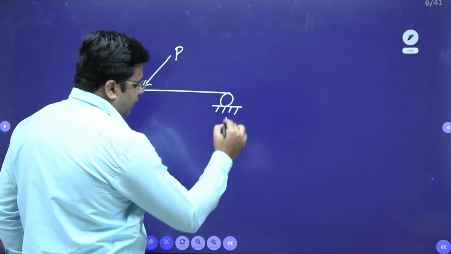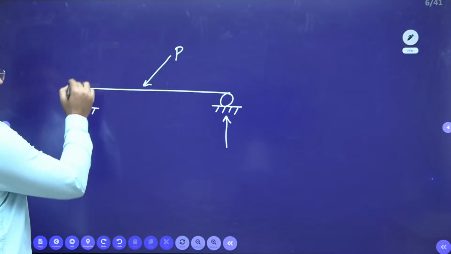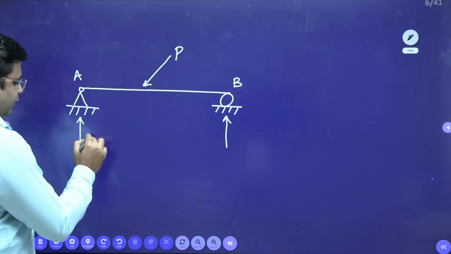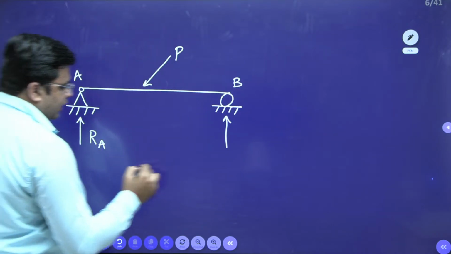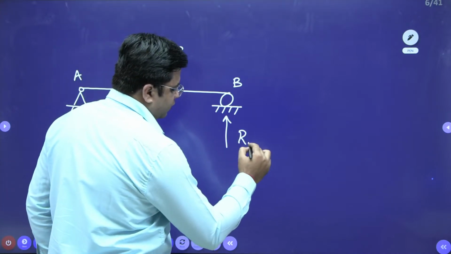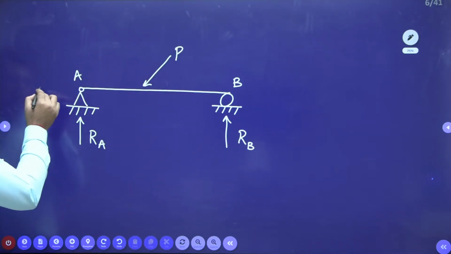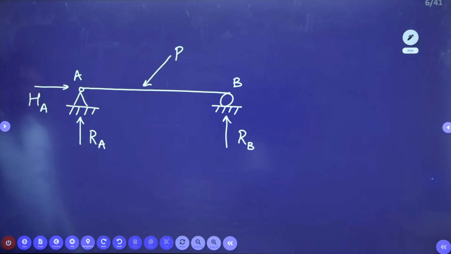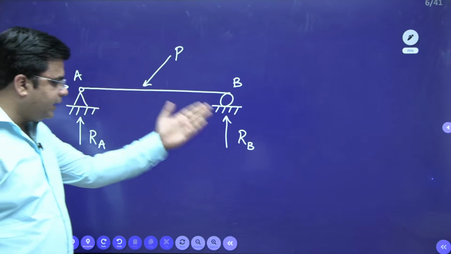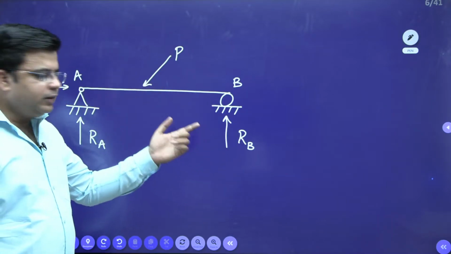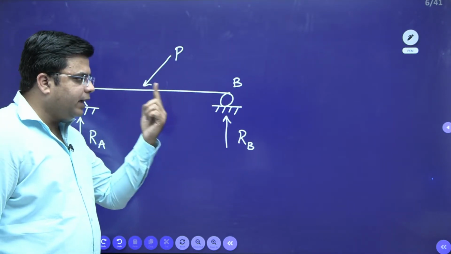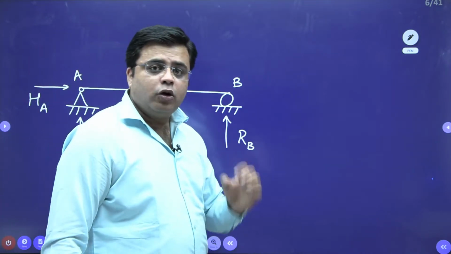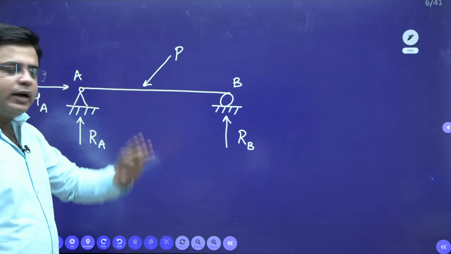Say this is my A, this is my B. So I have one reaction RA and I have a reaction RB, right? Then I have the horizontal reaction HA. As you can see, all these forces are lying in a single plane, but these forces are not meeting at one particular point. So this type of force system is known as a coplanar non-concurrent force system.